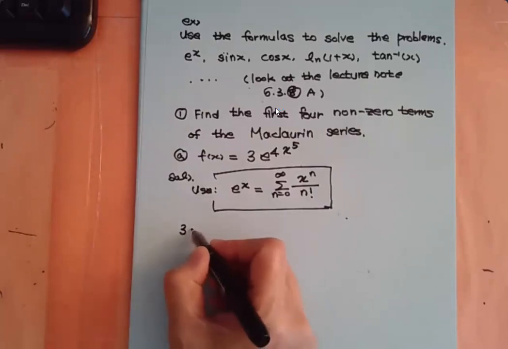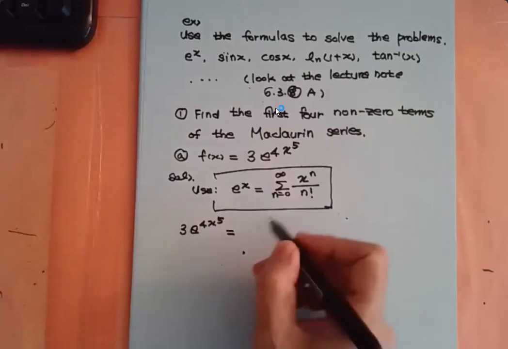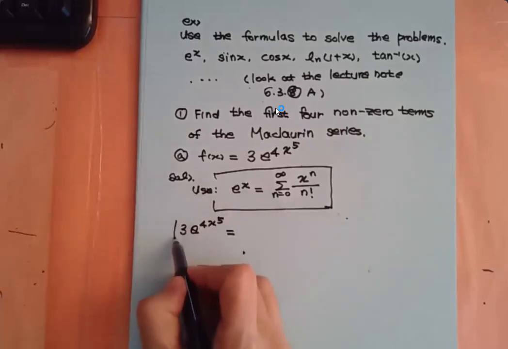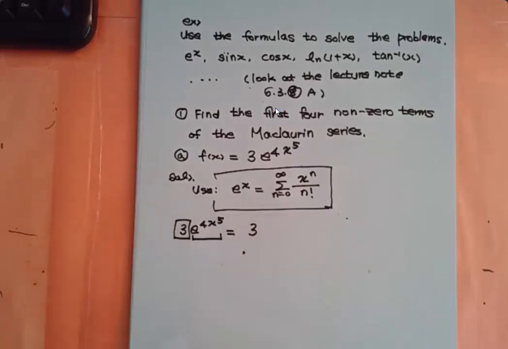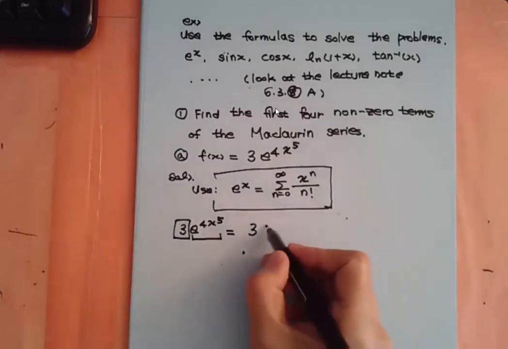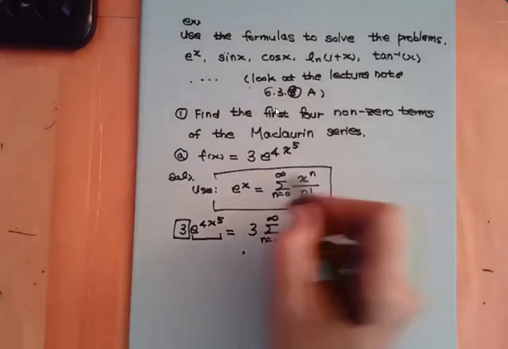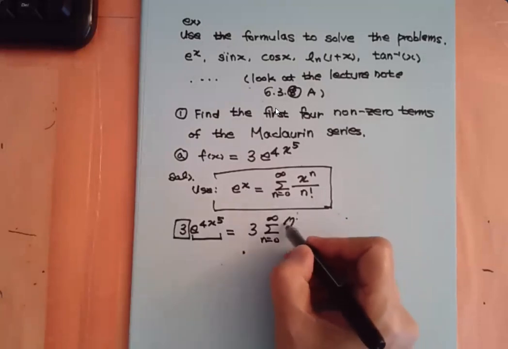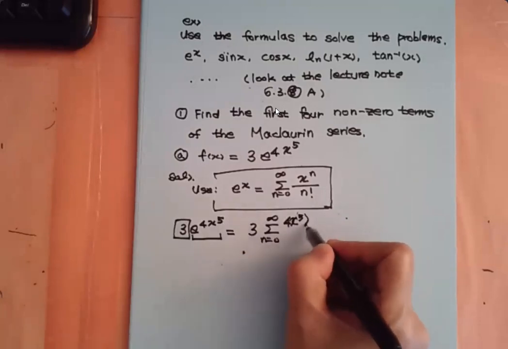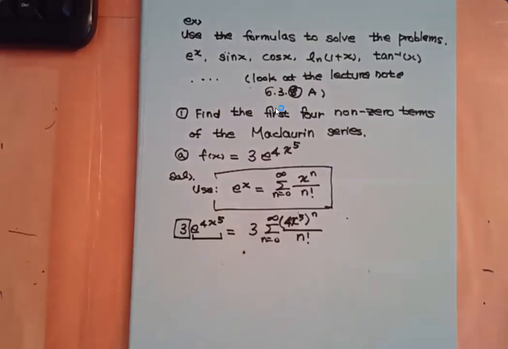That is 3 times e to the 4 x to the 5th power. So 3 is just a multiplied constant number. And we will think about this part's expansion. That is summation n equals 0 to infinity. X was the power. Power is 4x to the 5th power. So 4x to the 5th power to the n power over n factorial.